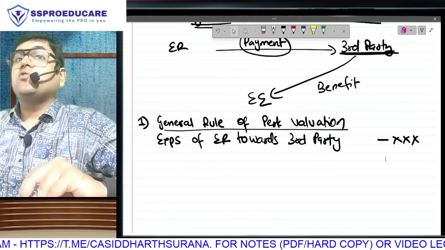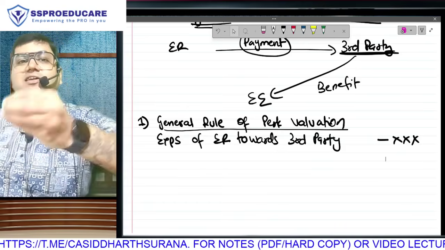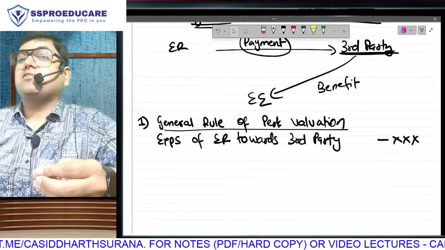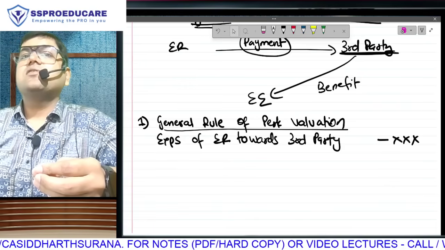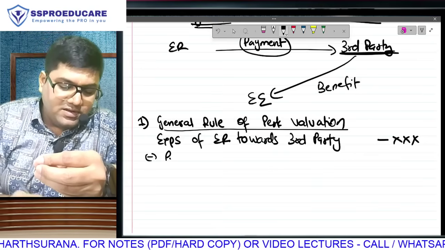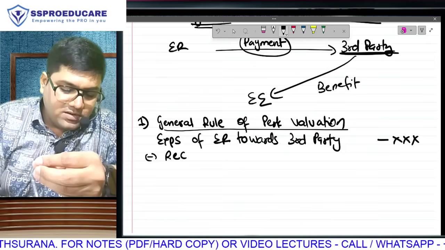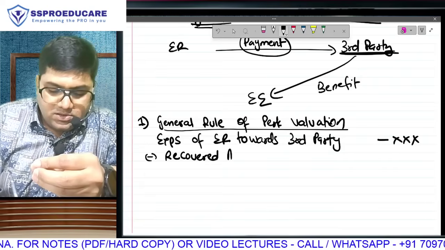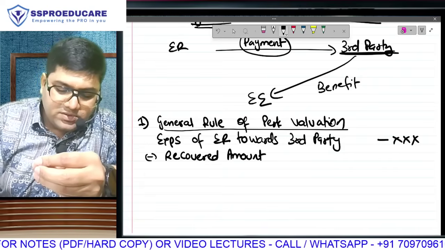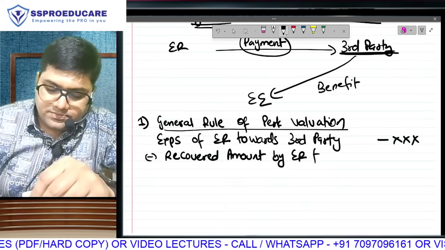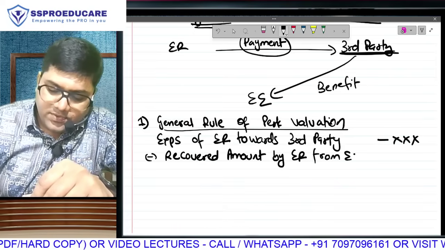So what will the boss do? Take that money from me. Either he can take it in cash, or what is the other better way of giving it back to your boss? Guess. That means there will be some amount that will be recovered by the employer from the employee.